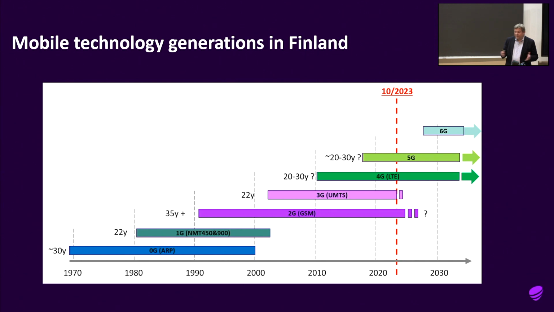We are talking about close to 40-year-old technology soon. That's the life cycle of GSM. Just imagine how long. Then we started the third generation UMTS technology, roughly in the late 90s or so.